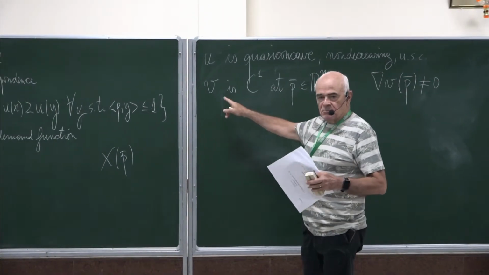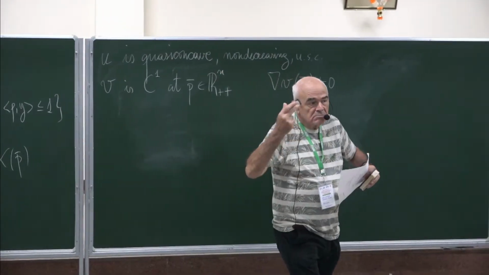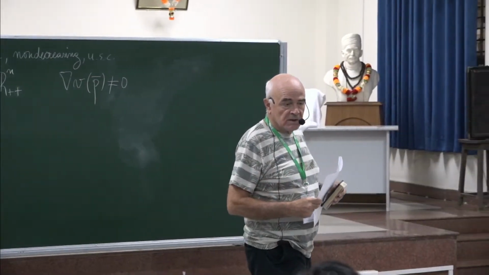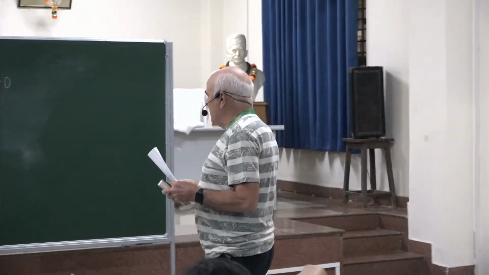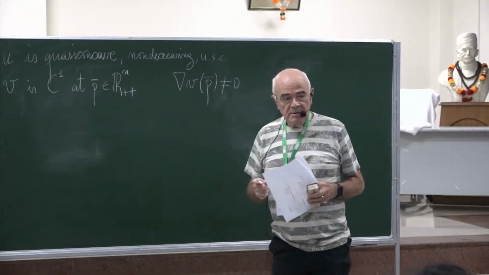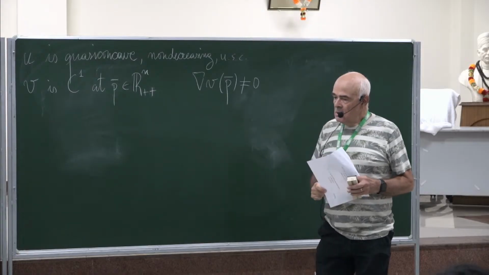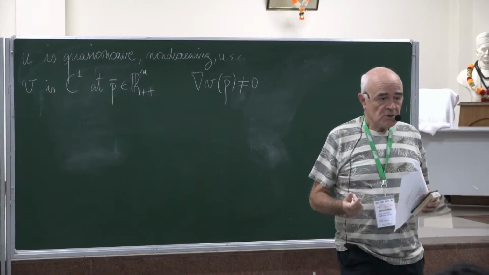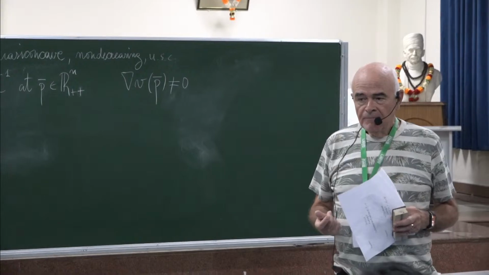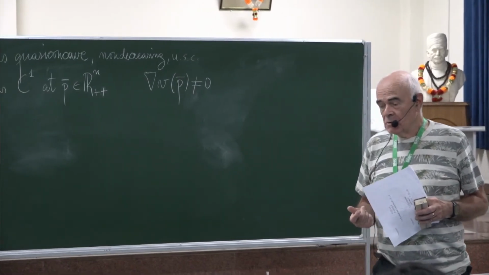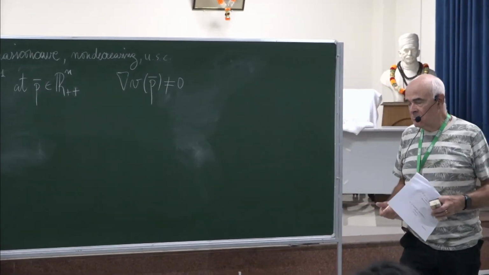So I assume that we are lucky enough to get an indirect utility function which is of class C1 for whatever reason, and that the gradient is non-zero. Which is not a very strong assumption for a quasi-convex function. I mean, it imposes something, but not too much.